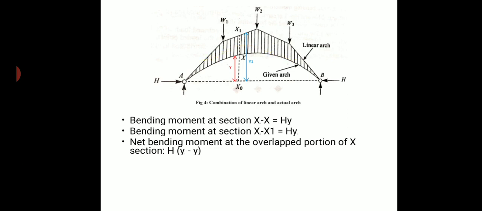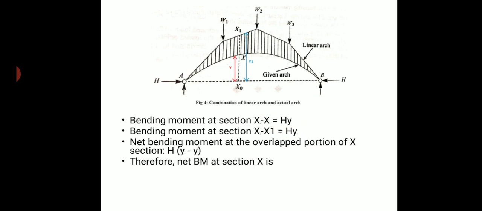So I want to find out the net bending moment in case of the overlapped area. So that is equal to the bending moment at section x x1 minus the bending moment at the section x0 x1.